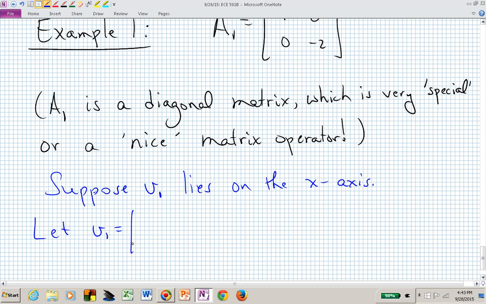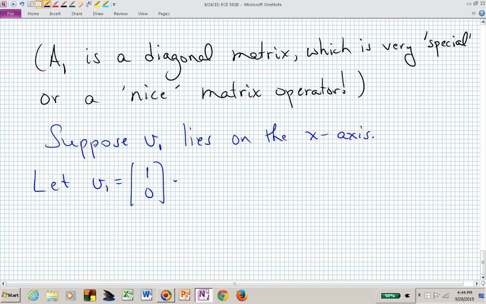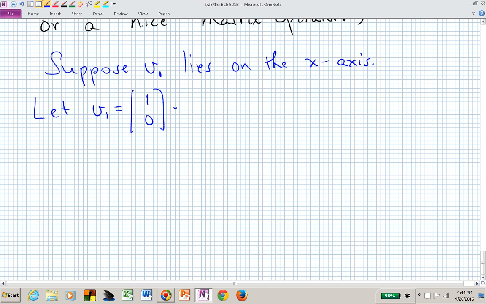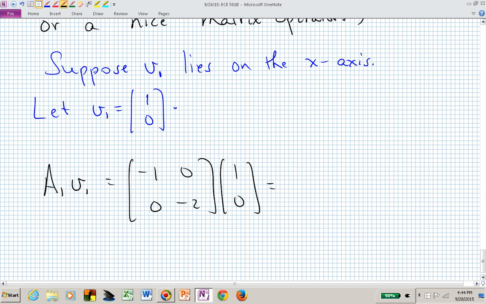Suppose we let v1 be the standard vector 1, 0. The first coordinate is 1, the second coordinate is 0. That represents a unit position in the x direction. Now let's look at what happens when we operate on that vector with this matrix A1. Now we have -1, 0, 0, -2 operating on 1, 0. And what did we talk about last time? When we say post-multiplying by a vector, what's that vector actually doing?